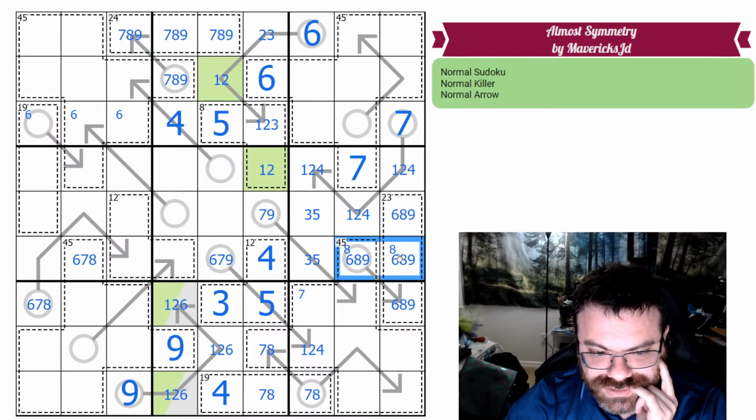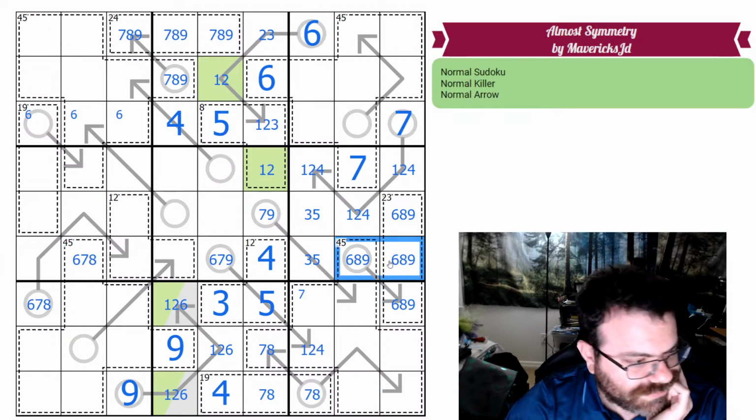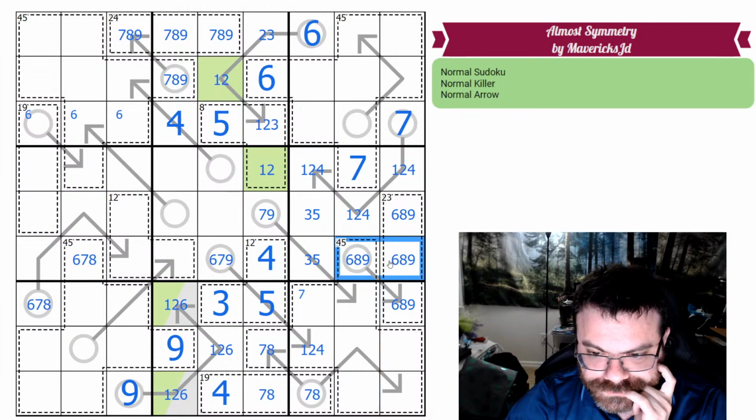I had marked 8s here. I think maybe I missed this 8 when I marked these 8s. Did I do any deductions that are interesting?